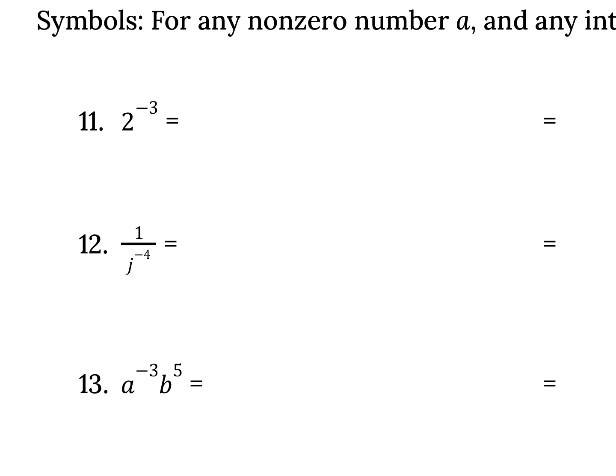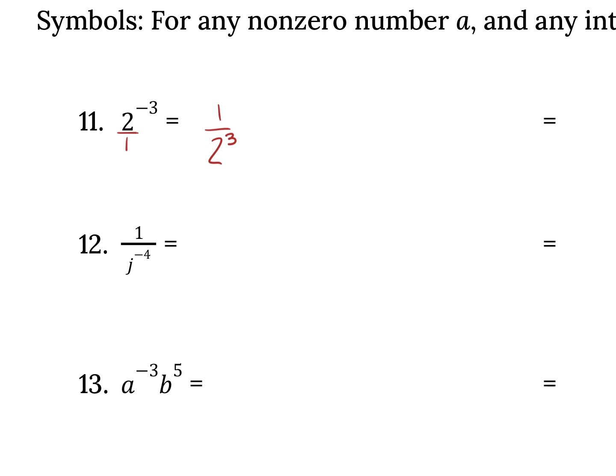For example, 2. What is the reciprocal of 2? 1/2. Okay, so, all right, 2 over 1. So we make this a 1 over 2. The exponent stays with its base, but it turns positive. So what that means is this is now going to be 2 to the positive 3 in the denominator.